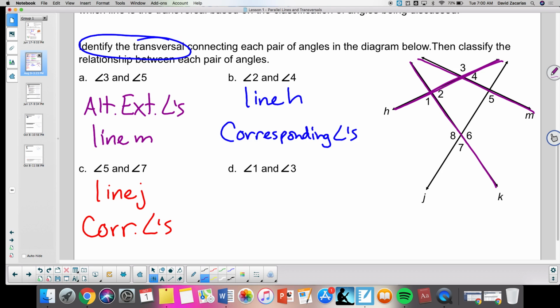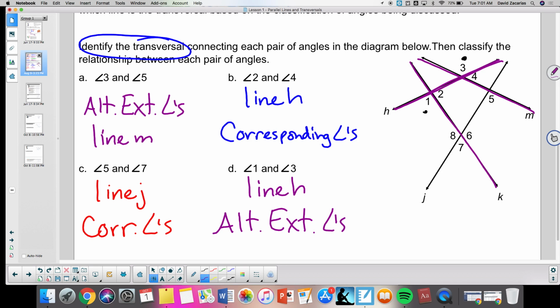So in this case, line H helps create angle 1 and create angle 3. That's going to be our transversal. So line H would be our transversal. If you look at angle 1 and angle 3, it's on alternate sides of the transversal, and they're on the exterior of the two lines that the transversal is crossing.